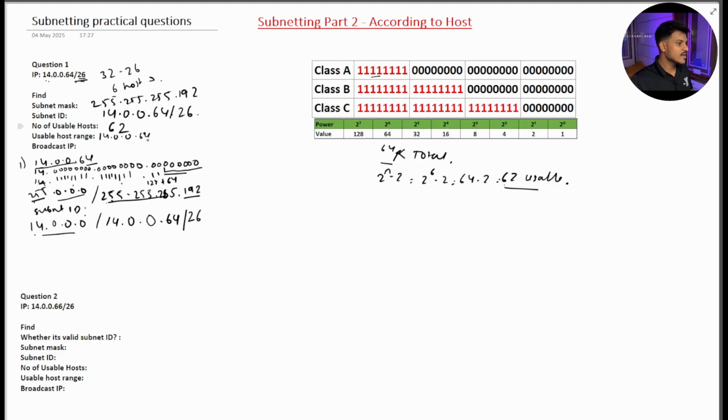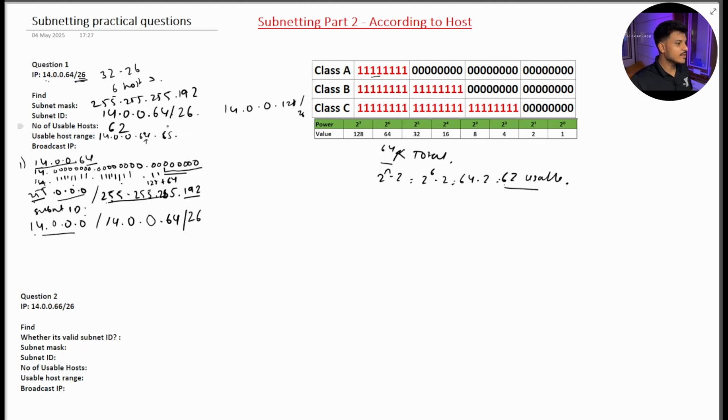So our range starts from 14.0.0.64. This will be our first, that is the subnet ID. Our usable host range will start from 65 and go up to where the next subnet ID starts. If we add 64 more, it will be 14.0.0.128/26.